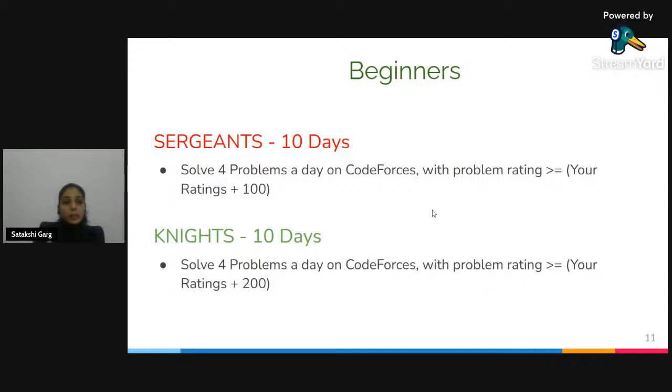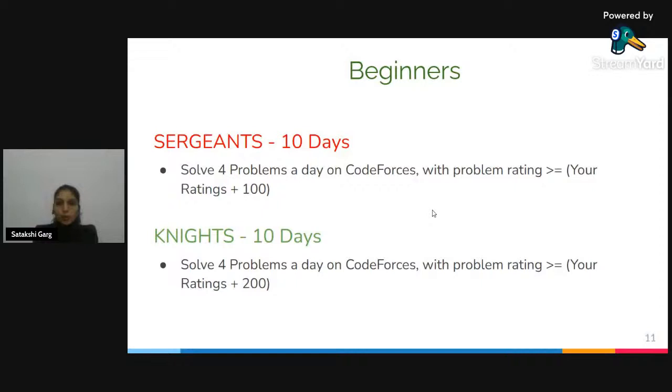Now your rating is 1000, so you will be required to solve problems with problem rating 1100. So that is how problem ratings work, and in a while I'll show you what problem ratings actually are on Codeforces. There are many beginners who haven't ever used Codeforces, so I'll tell you what Codeforces is and how problem ratings are distributed. So that is how it goes.